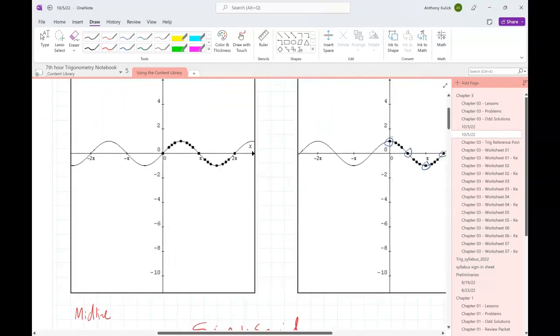The midline is a horizontal line that divides the graph in half. So if I'm looking at this graph of sine, my midline is right here on the x-axis. Notice that there's the same amount of graph above the midline as there is below the midline, right? Everybody can kind of see that?